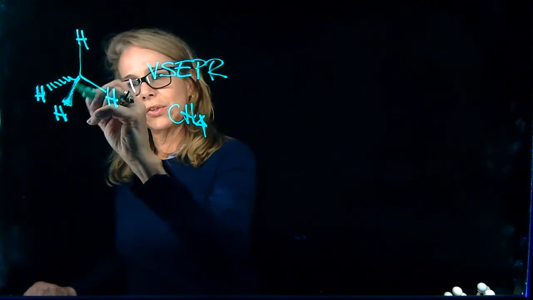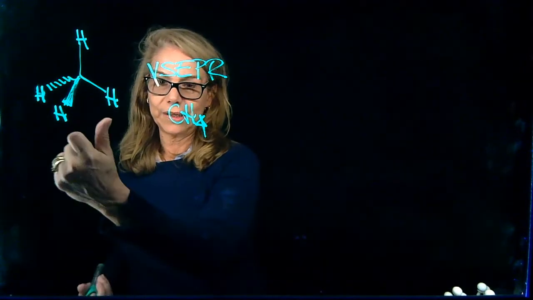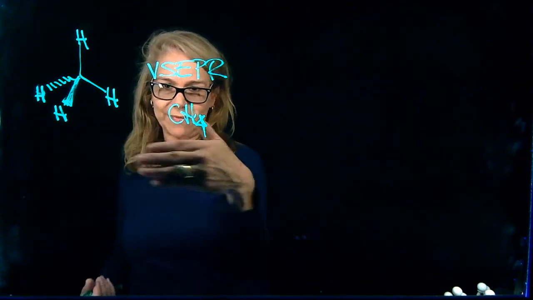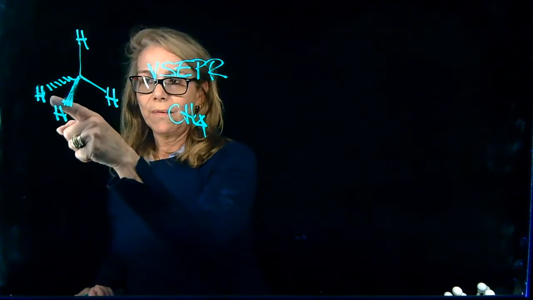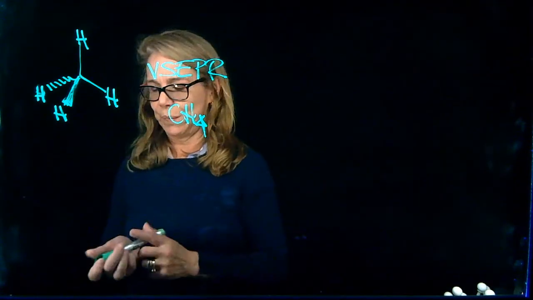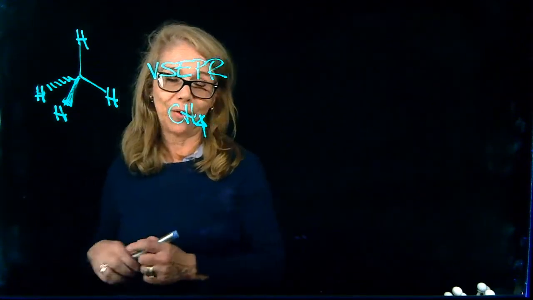And our convention is that the wedge means this atom is pointing towards me, out of this plane. That's a wedge. The dash means it's going in, so away from my view. So that's the convention, and we're going to keep that in mind because we're going to name compounds that are cyclic.